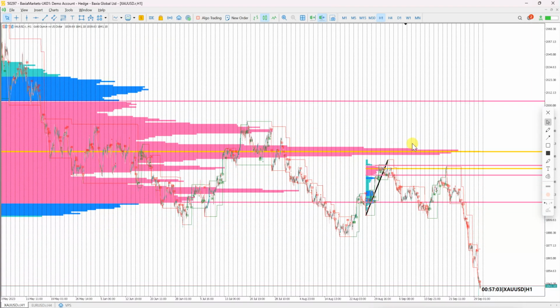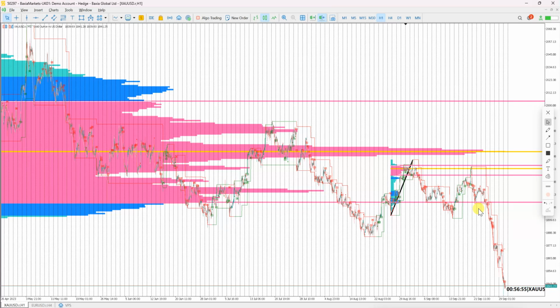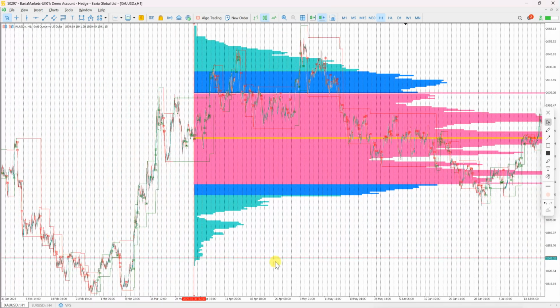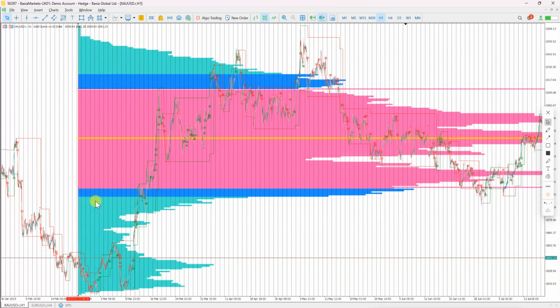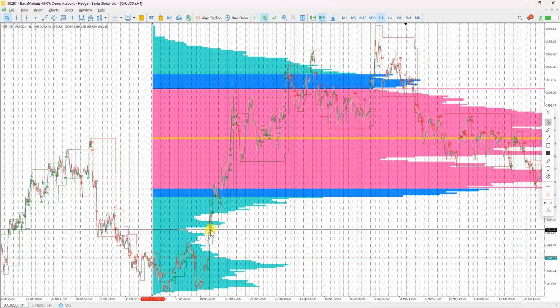Here, notice we are below the POC, so we are bearish here, and we are right below this low volume area, so this could be a support right here. No, there is no reaction.